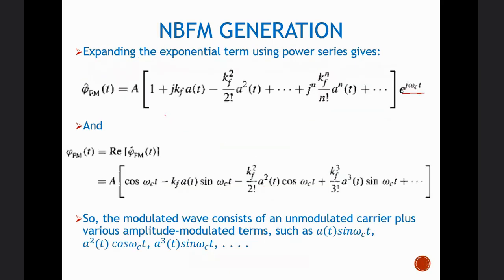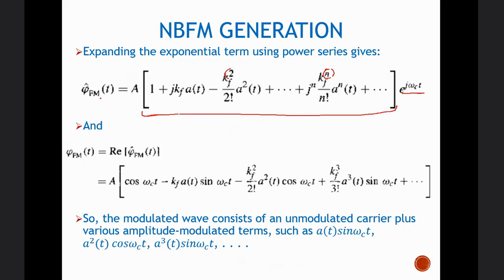That allows us to get these terms. Now here you can see we have the nonlinear terms as well. We have the square, we will have the cube, and up to n. So this is the reason we were saying that FM is a nonlinear signal.